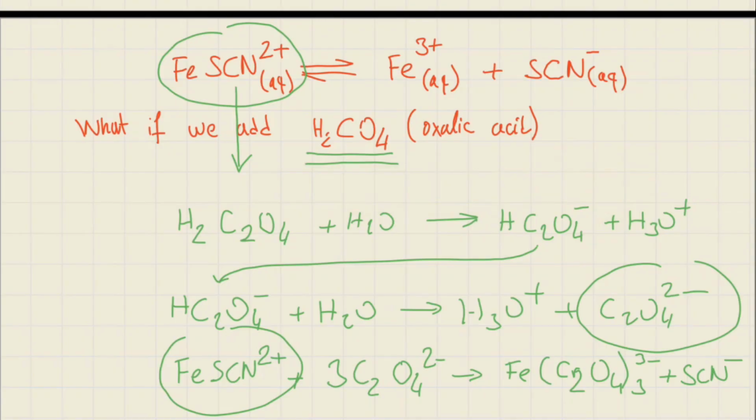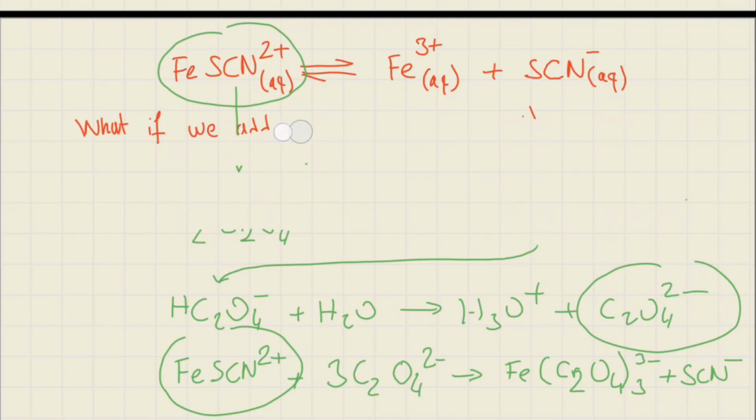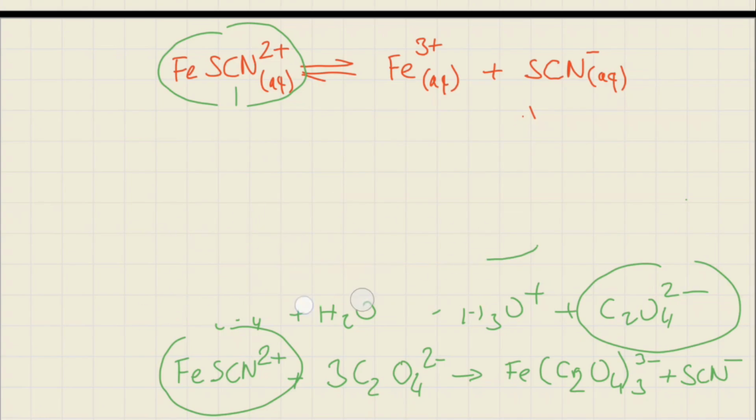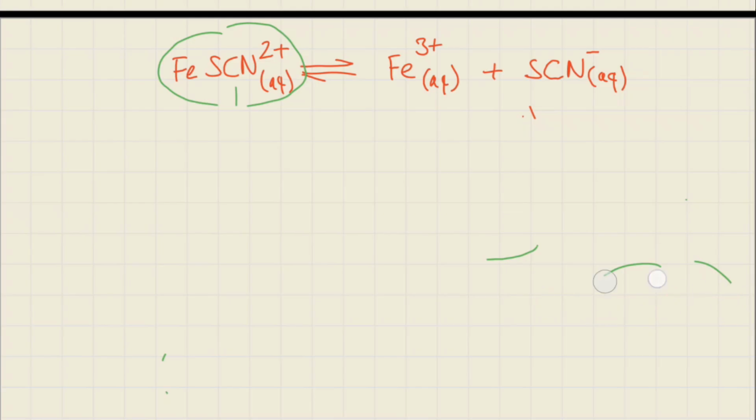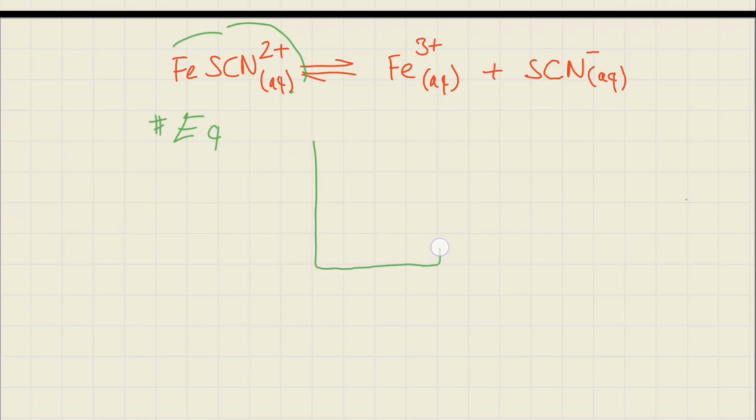What about the pressure? We can change the pressure. I will not consider the oxalic acid. Think that this reaction is at equilibrium, and we have a container that includes the iron thiocyanate, iron 3 plus, and thiocyanate ion.